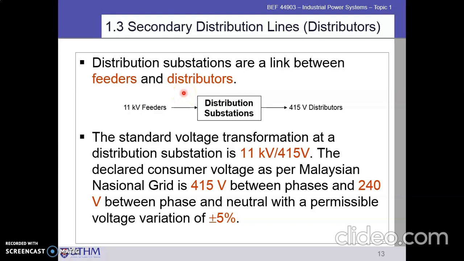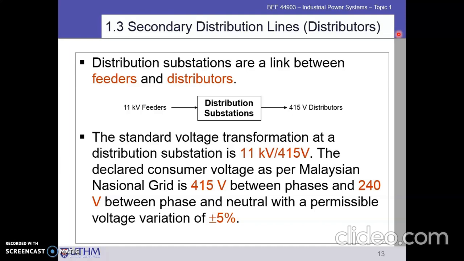So now we go to the secondary distribution, which is for the distributor. As we know, the systems for primary and secondary are almost the same types. We have radial, we have loop, and also we have ring.